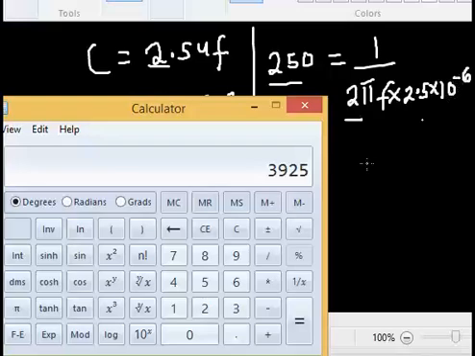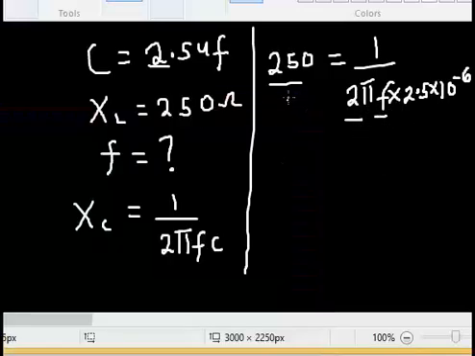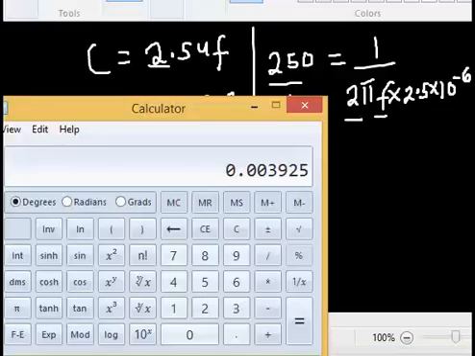Of course, 10 raised to minus 6 is 1 all over 1 million, so I have to divide this by 1 million. Everything now gives me, along with F, after cross multiplying, 0.003925.